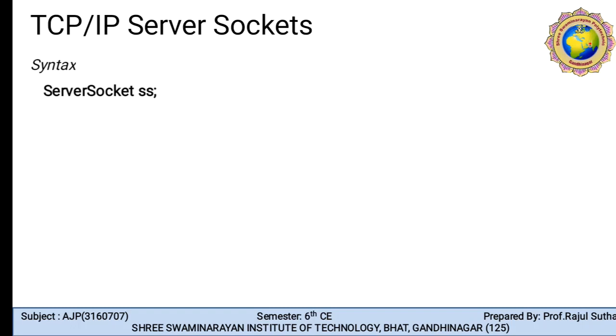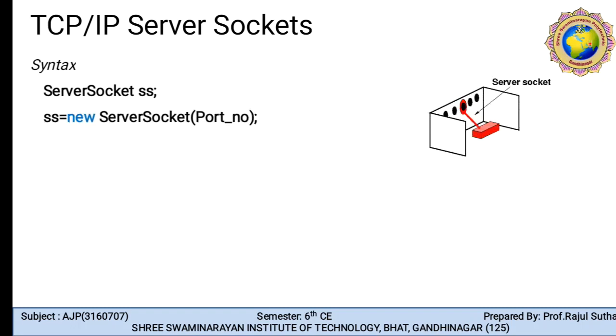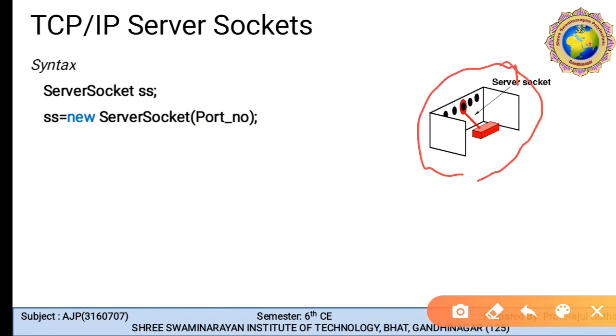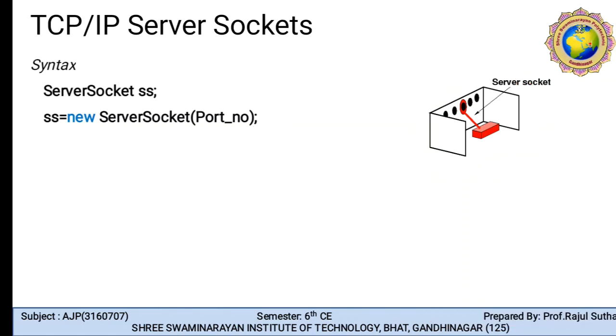Then what is the syntax? ServerSocket ss = new ServerSocket(port number). We are all familiar with this figure. This is the server socket, so for configuration of the server socket, ss equals new ServerSocket, and we require the port number.